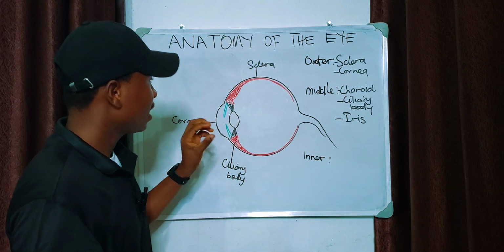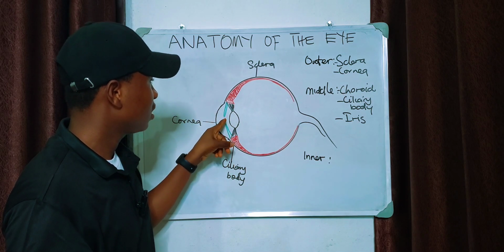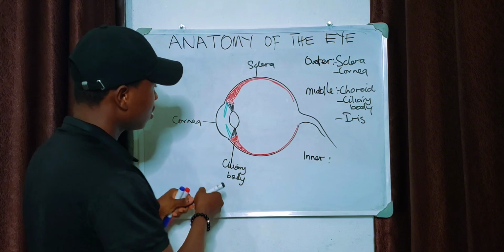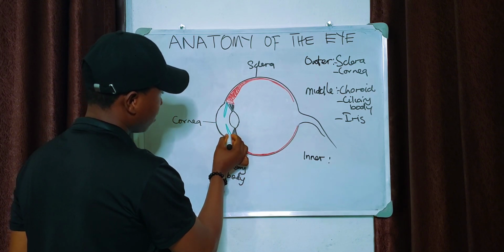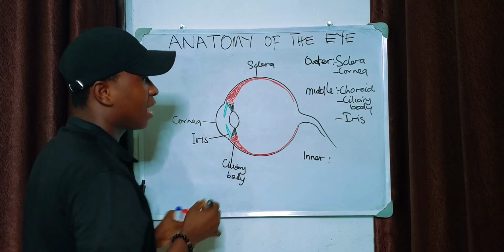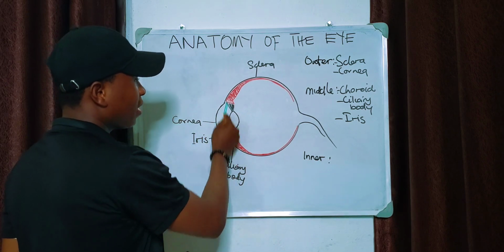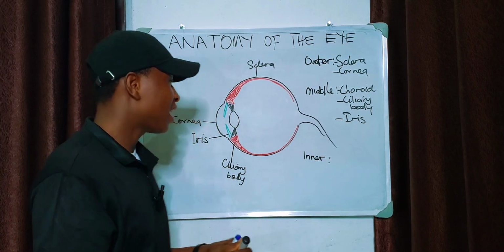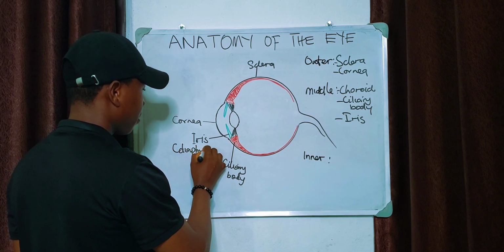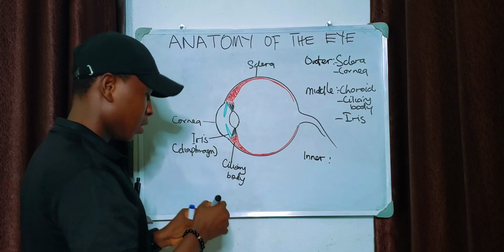Okay. Now, the next extension I'm going to talk about is the iris. So this is the iris. This right here is the iris. Now, the iris is also called the diaphragm. Now, what does it do?